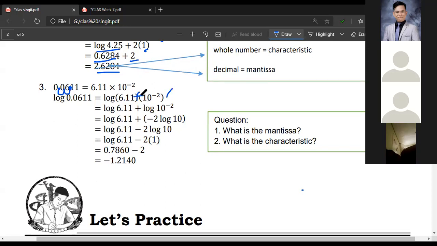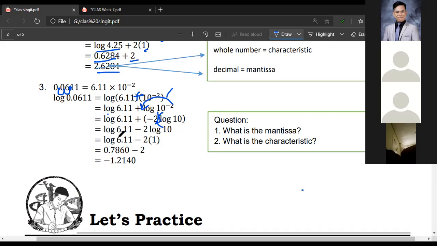Paghiwalayin, so magiging plus. So, we have logarithm of 6.11 plus logarithm of 10 raised to negative 2. Ibaba natin si negative 2, magiging logarithm of 6.11 plus negative 2 times logarithm of 10. So, magiging negative.